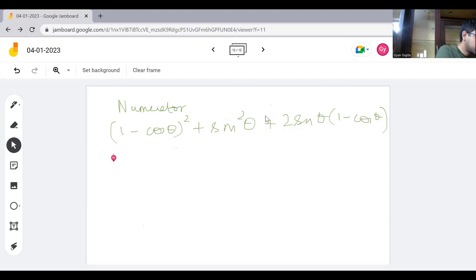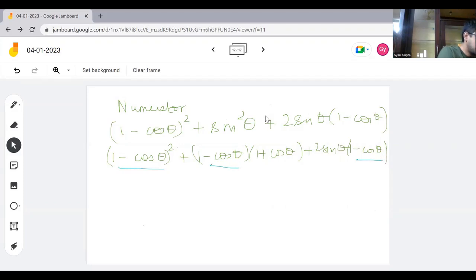So I can very well write the numerator as (1 minus cos theta) the whole square plus (1 minus cos theta) into (1 plus cos theta) plus 2 sine theta into (1 minus cos theta). Now we have (1 minus cos theta) common.